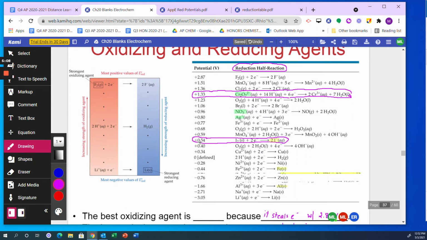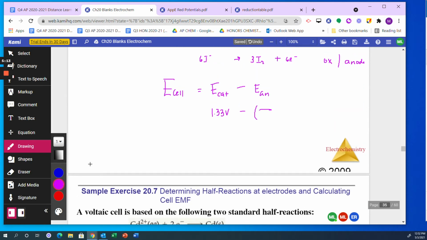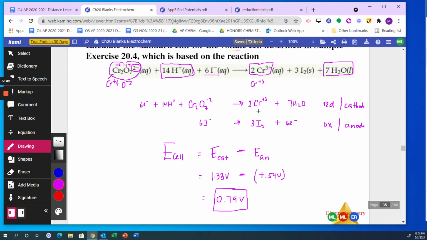So I'm going to take positive 0.54 volts, and the negative sign here from the formula will reverse that reaction. So you do that math. The answer is 0.79 volts. So this is the electrochemical cell potential when you mix these together.